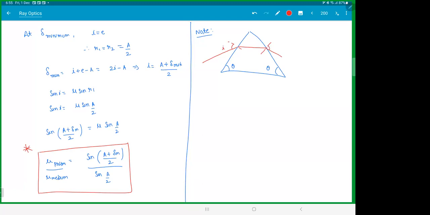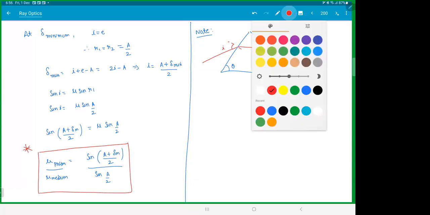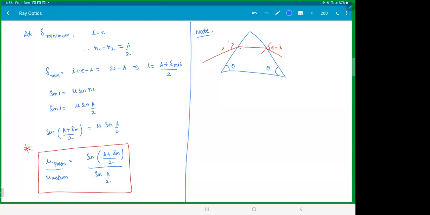So this is I, this is E, which is equal to I. So for delta minimum, I is equal to E, the light ray becomes parallel inside. The light ray becomes parallel to the base.